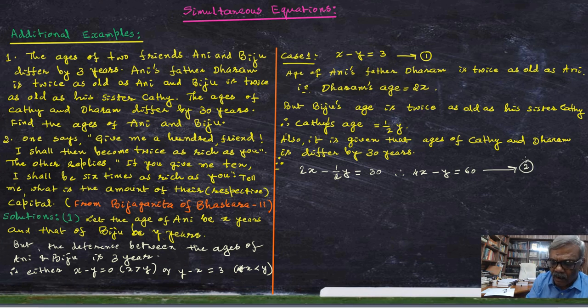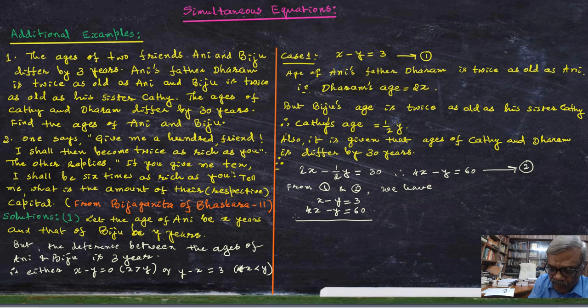Now, from 1 and 2, we have x minus y equal to 3, 4x minus y equal to 60. Now observe the coefficients of y are one and the same, so we will subtract these from one another. So minus, plus, minus.